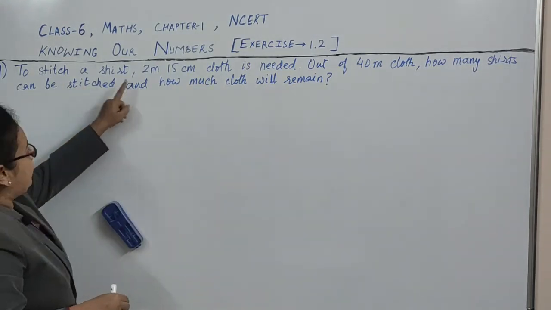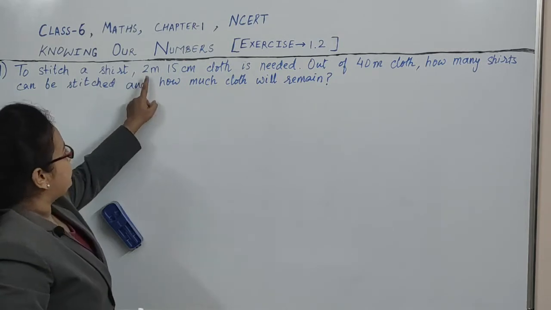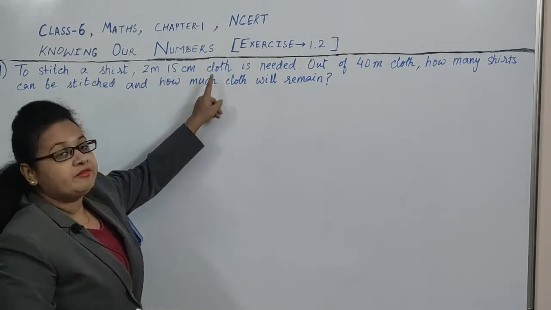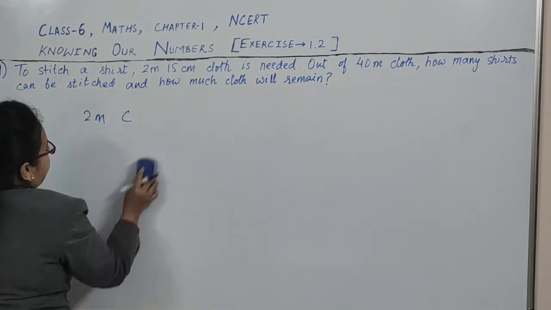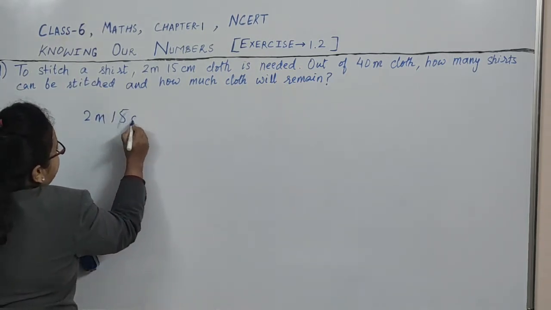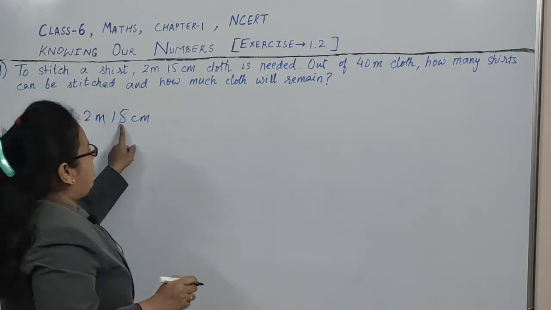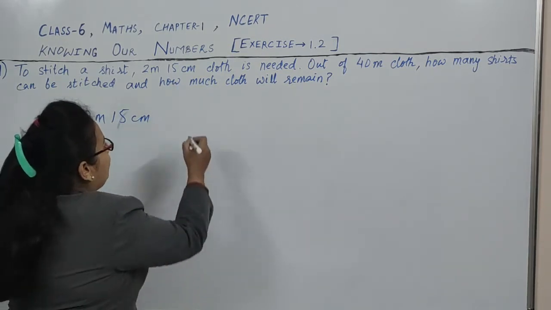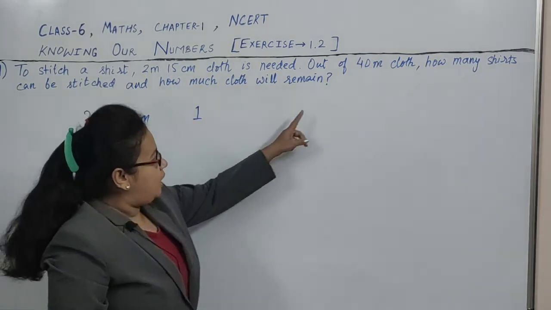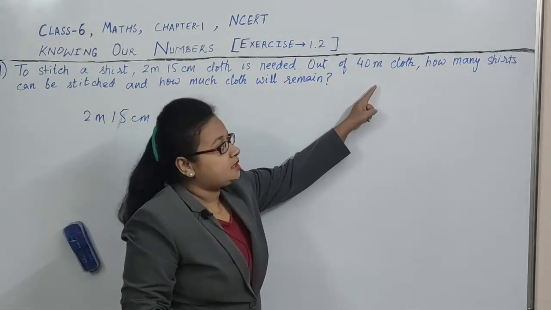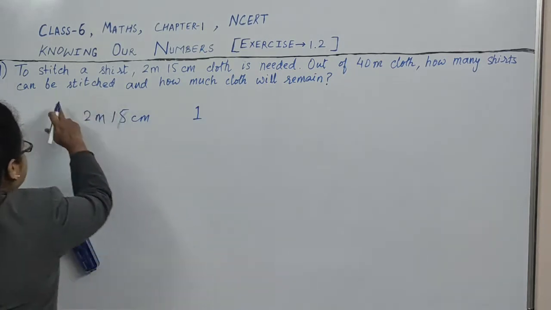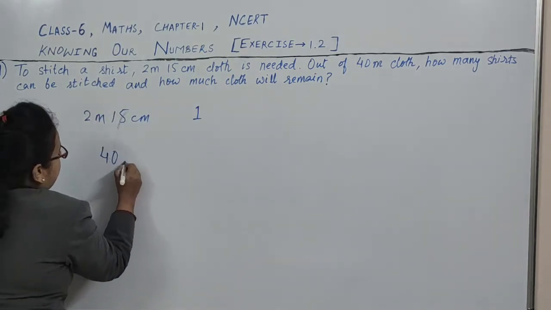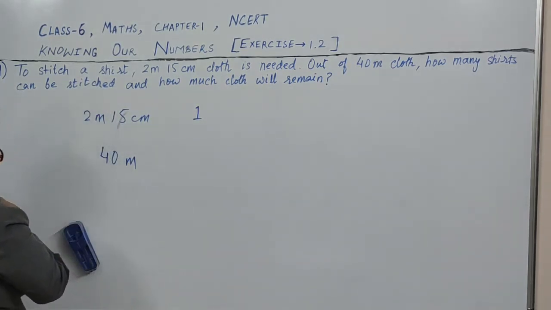See, to stitch one shirt, 2 meter 15 centimeter cloth is needed. Now out of 40 meter cloth, how many shirts can be stitched? So total cloth, how much do we have? 40 meter.